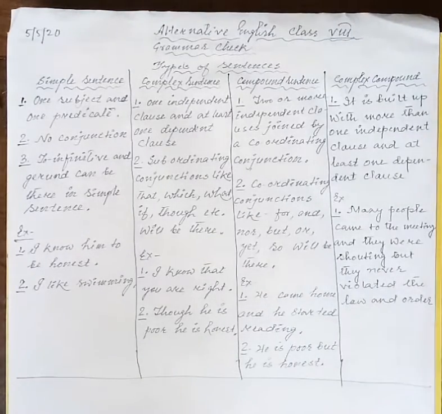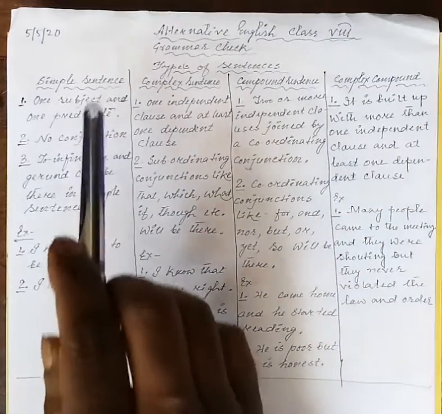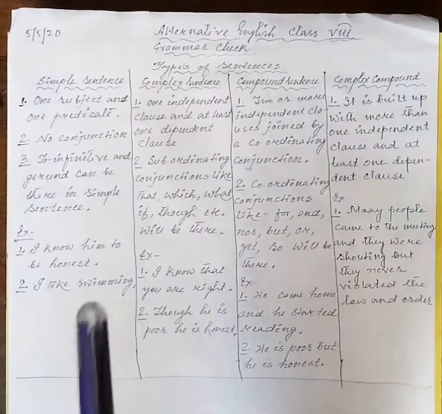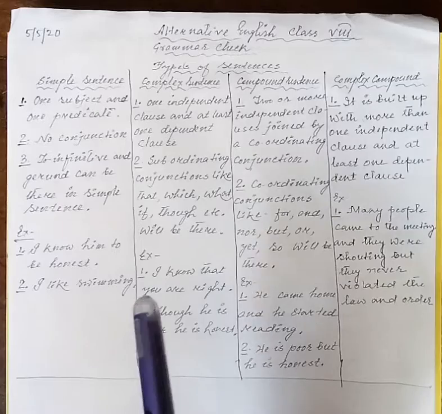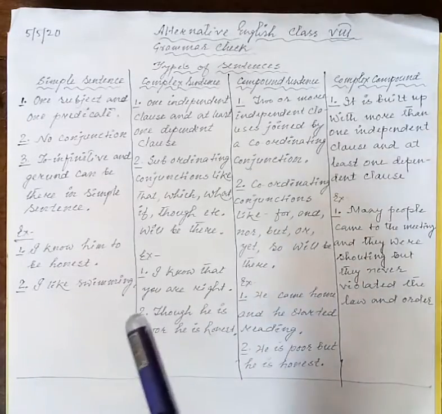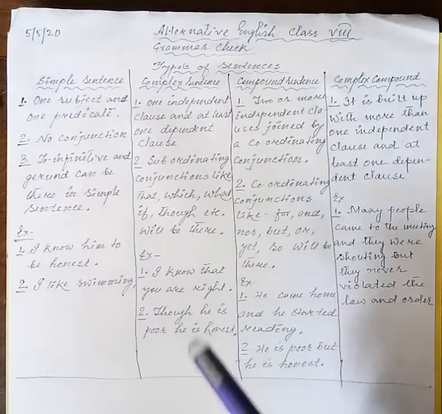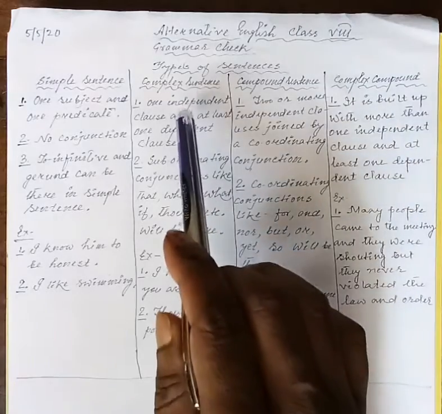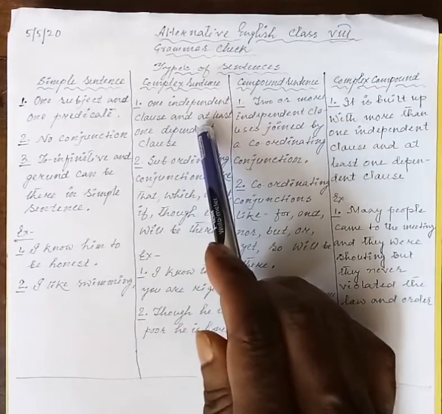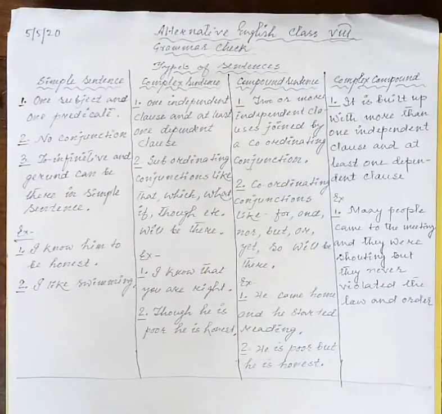Now what will be there in a simple sentence, by following which we can say that this is a simple sentence? And what will we find in a complex sentence, by finding which we can say that this is a complex sentence?